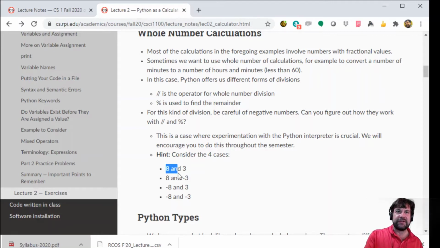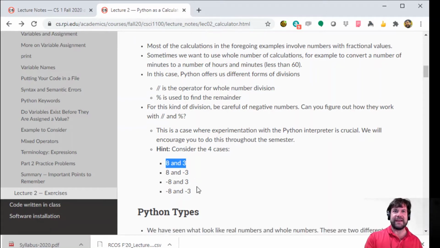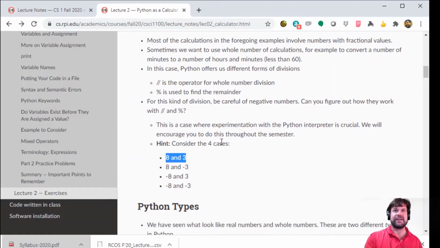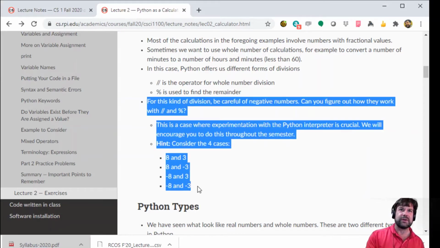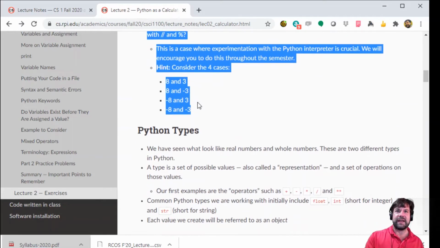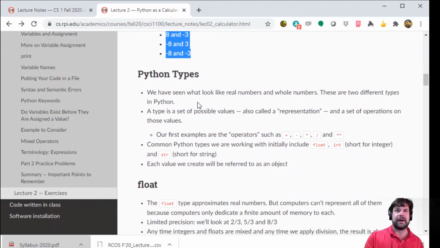Because of that, both the modulo and the integer divide have to work on any integer. So when you start mixing positive and negative values, that gets kind of interesting. We're going to leave this as an exercise for you because it's a fun way to explore. See if you can figure out how modulo and percent work on positive and negative numbers.